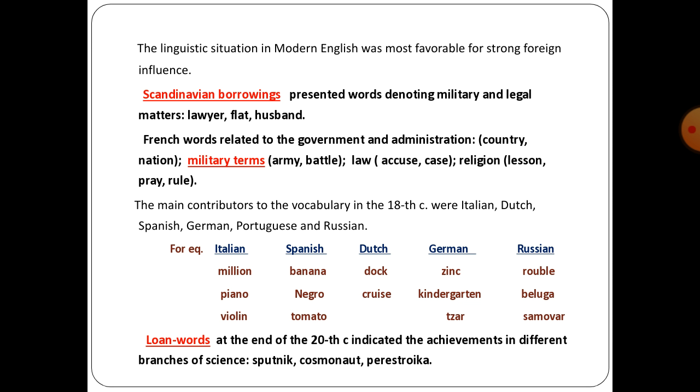For example, Italian: million, piano, violin; Spanish: banana, negro, tomato; Dutch: dog, cruise; German: zinc, kindergarten; Russian: ruble, beluga, samovar. And the loanwords at the end of the 20th century indicated the achievements in different branches of science: Sputnik, cosmonaut, perestroika.